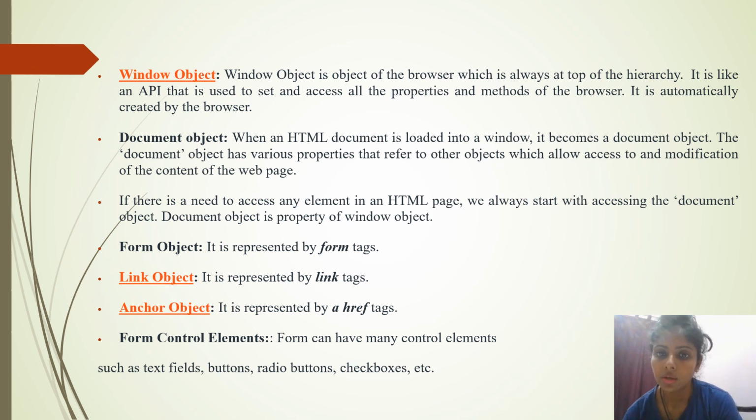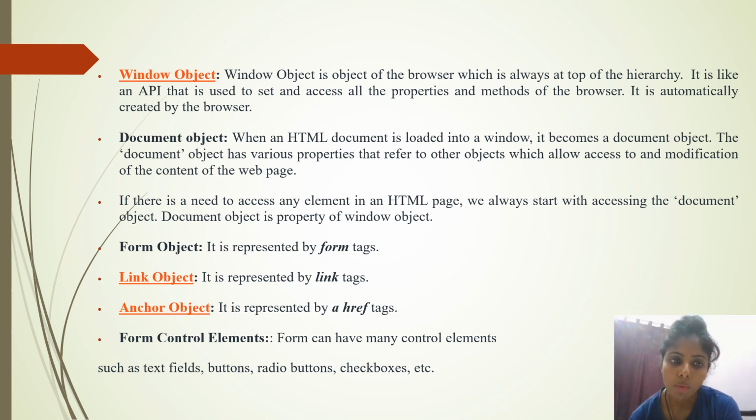Remember this point. If there is a need to access an element in an HTML page, we always start with accessing the document object. The document object is a property of the window object.